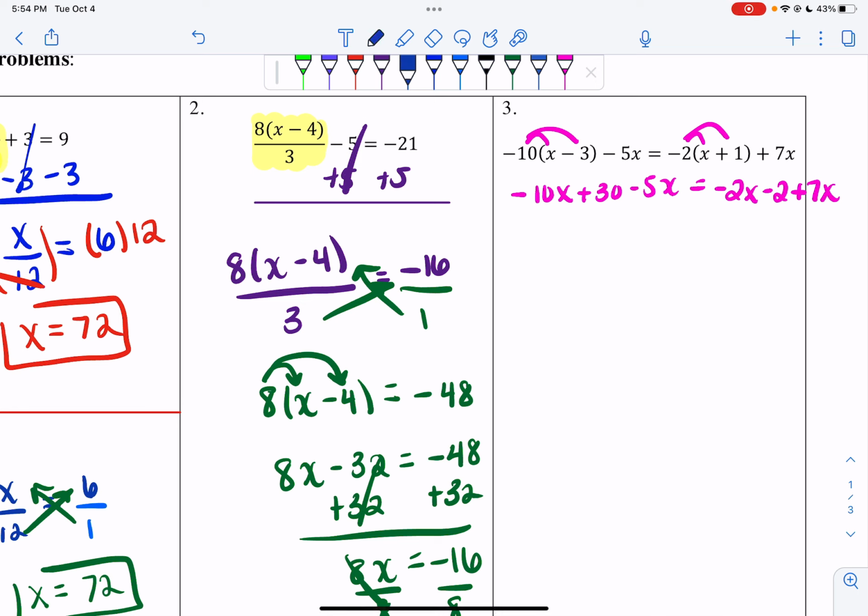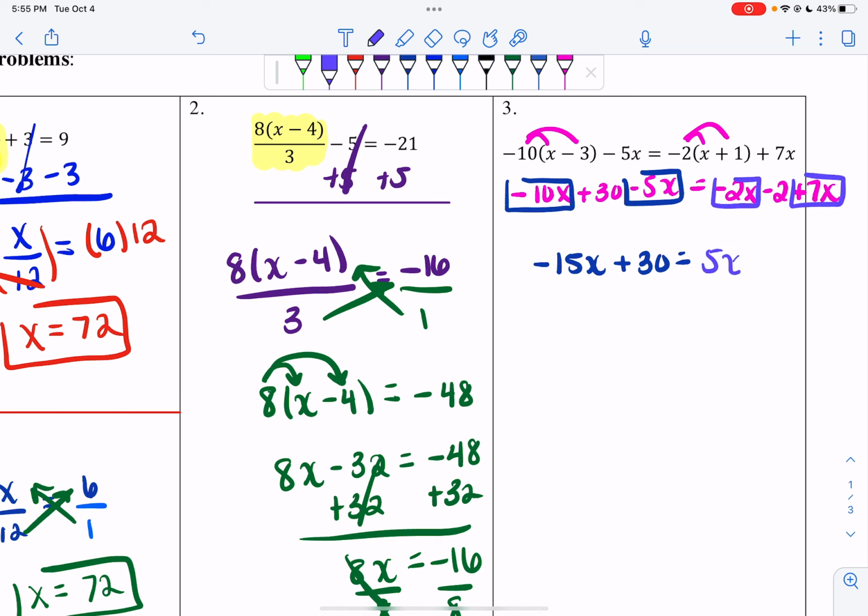Now we're going to combine our like terms, one side at a time. So -10x minus 5x is -15x, and then I'm just left with a plus 30 equals... -2x is a like term with 7x, so that becomes 5x minus 2.